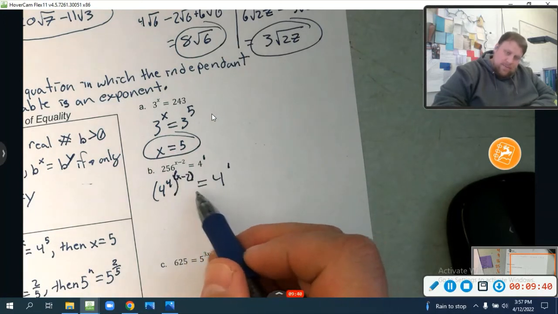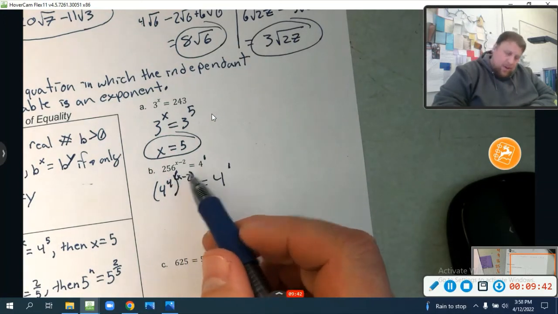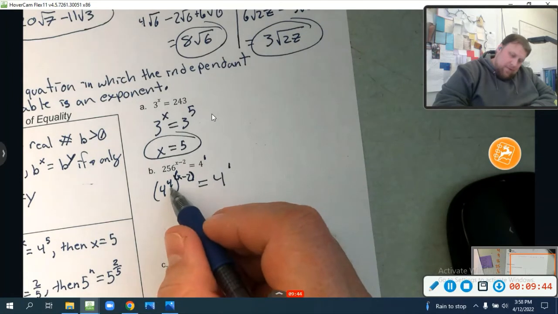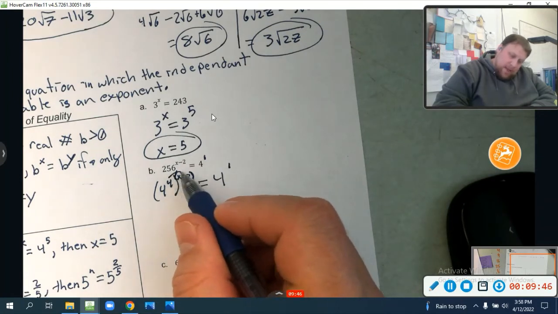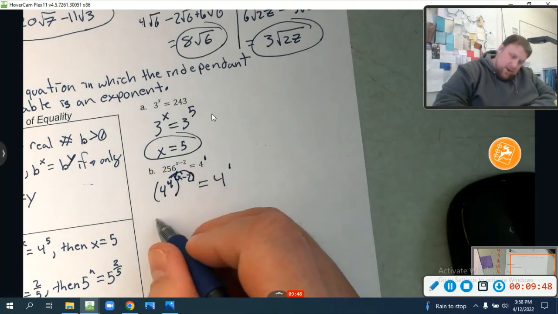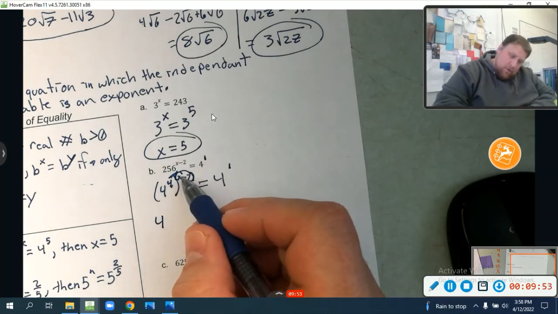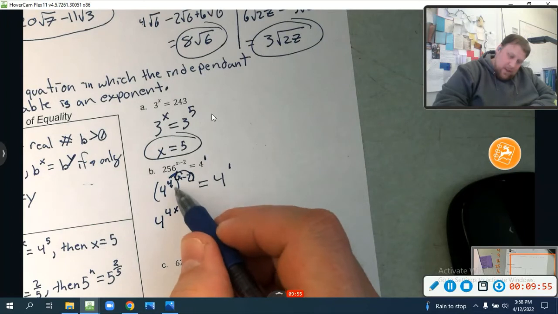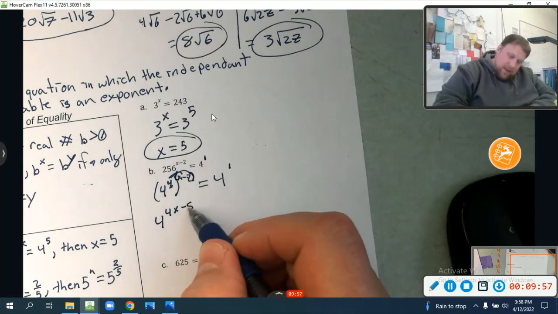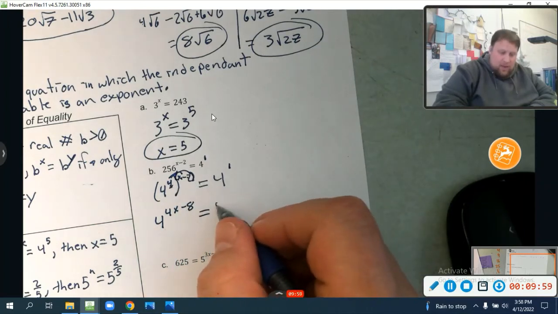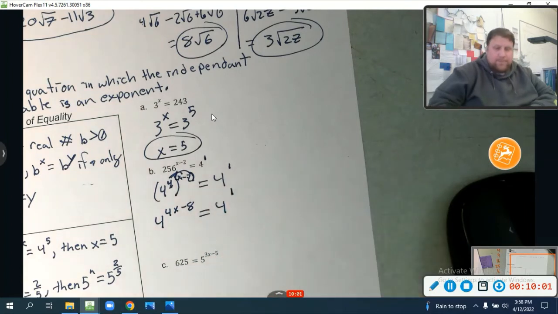Remember, we multiply them together? So in other words, I'm going to have 4 times x minus 2, but I got to distribute it. So I'm going to have 4 raised to the, let's see, 4 times x is 4x. 4 times negative 2 is negative 8. And that's going to equal 4 to the 1 power. We're almost done.